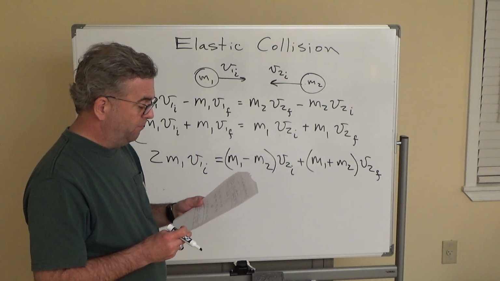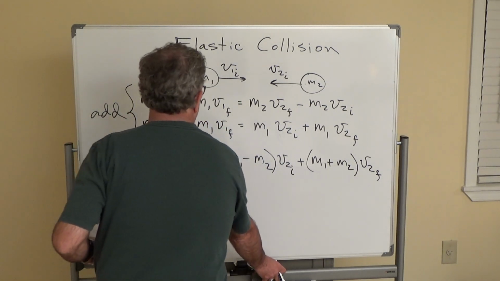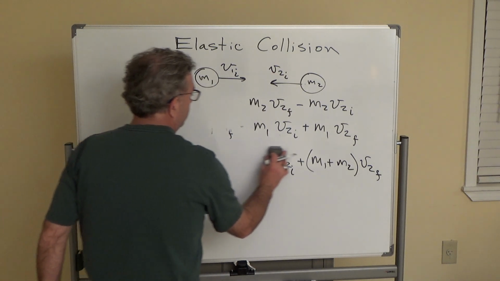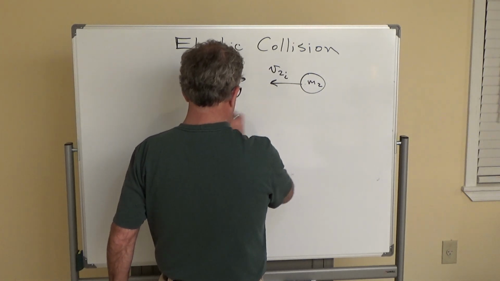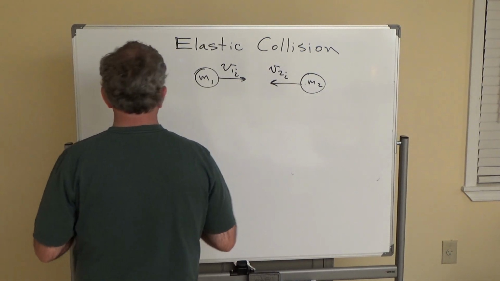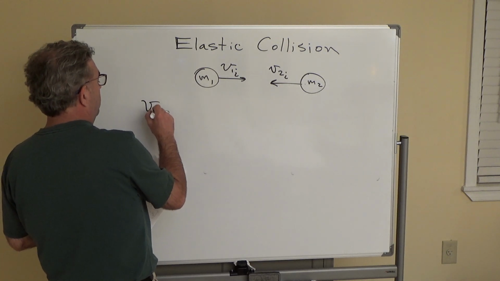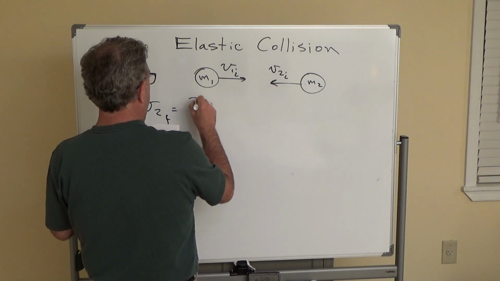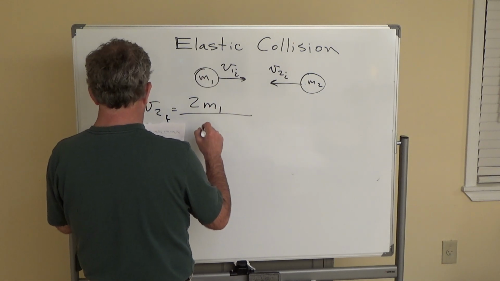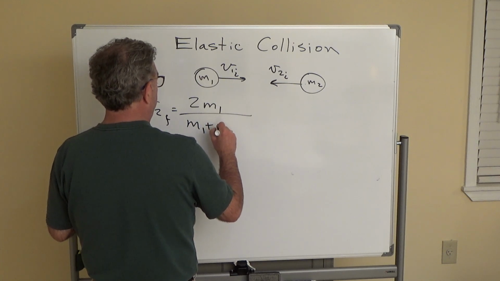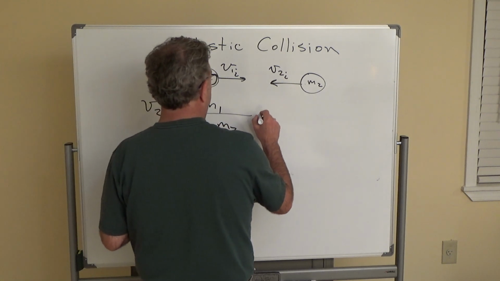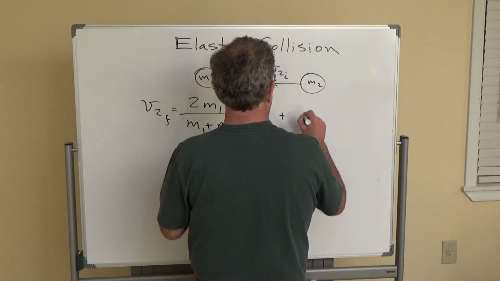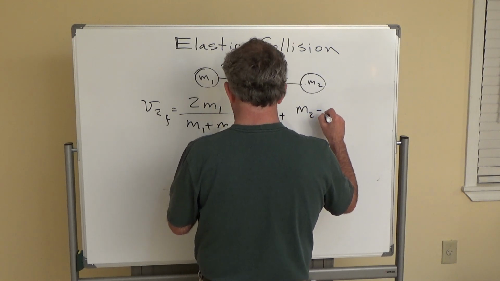I'll solve this for V2 final. I'm going to go ahead and erase this. And V2 final is equal to 2M1 over M1 plus M2 times V1 initial plus M2 minus M1 over M1 plus M2 times V2 initial.